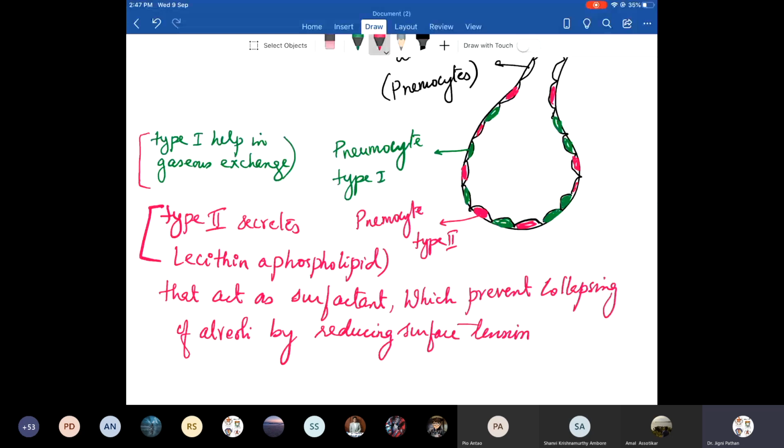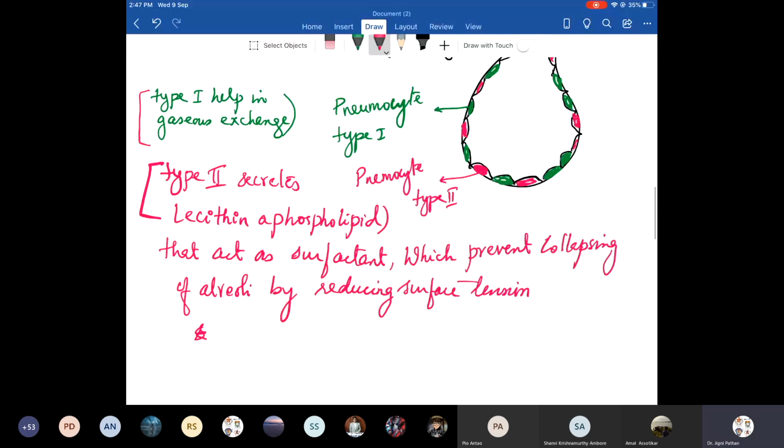Alveoli are the structural and functional unit of lungs. Write down: they are the structural and functional unit of lungs.